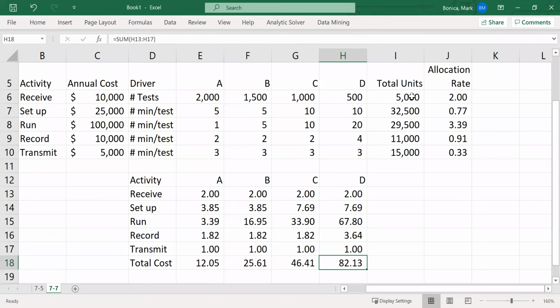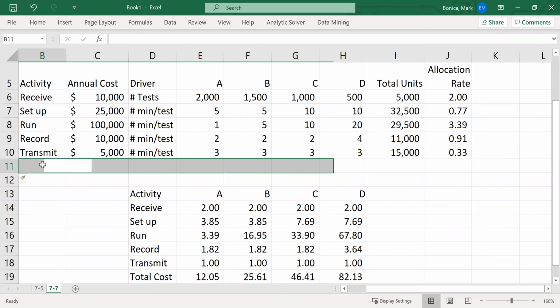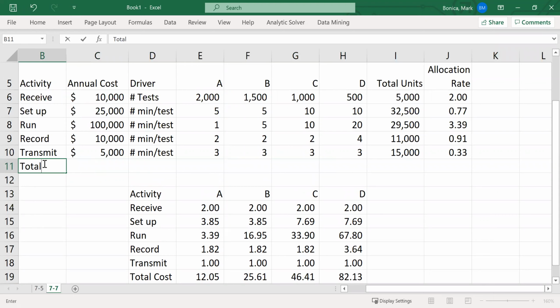Okay, part C asks us to verify the total annual costs aggregated from the individual test costs equal the total annual cost of the laboratory given in the table above. So I didn't include in my table here the total. So the total cost for the laboratory is just the sum of the annual cost for each activity. So it's 150,000.